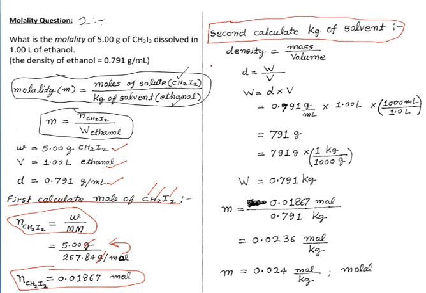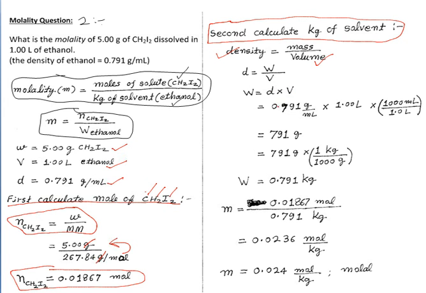Since the density of ethanol and volume of ethanol are given in this question, we will use these two pieces of information to find out the mass of solvent. So D is equal to capital W divided by V, and then we can calculate the mass. Capital W is equal to density multiplied by volume.